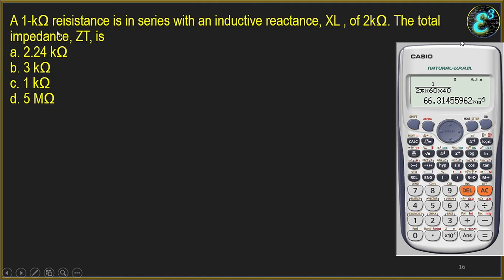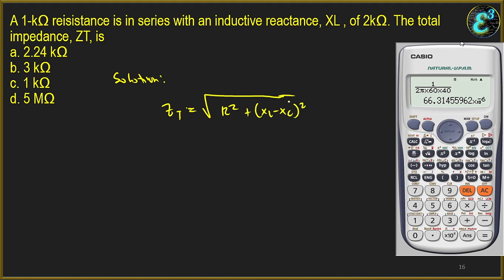Okay, so we have this. A 1 kilo ohm resistance is in series with the inductive reactance XL of 2 kilo ohms. We need to find the impedance. Solution. We could have the ZT, or the total impedance, equals the square root of R squared plus XL minus XC, quantity squared.